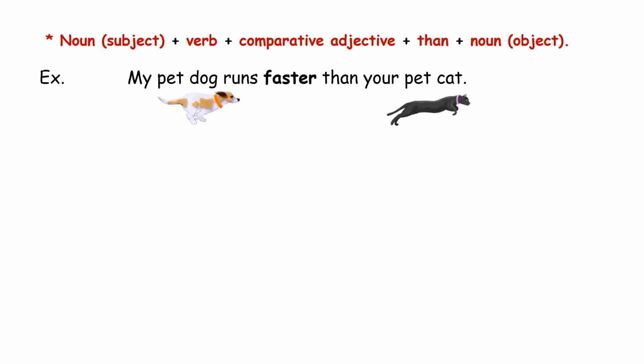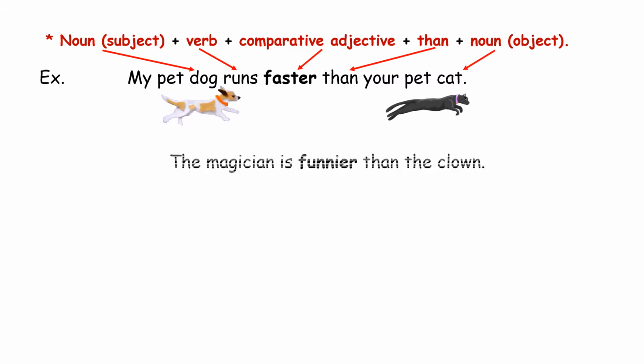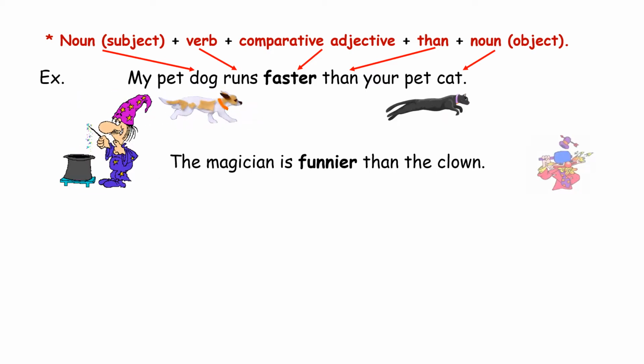As you can see, the dog runs faster than the cat. So we have there the dog as the subject, runs as the verb, comparative adjective faster than, and cat as the noun or object of the sentence. The magician is funnier than the clown.